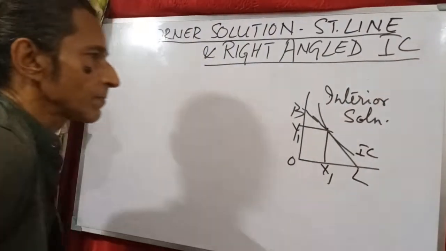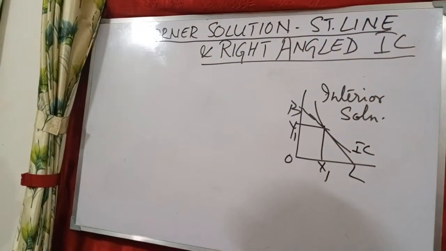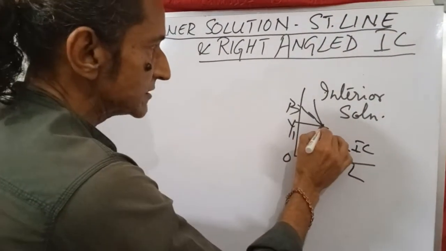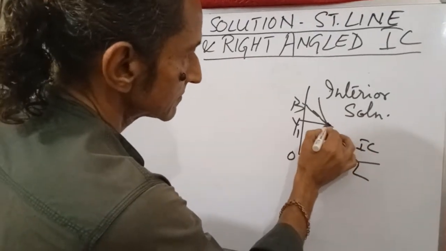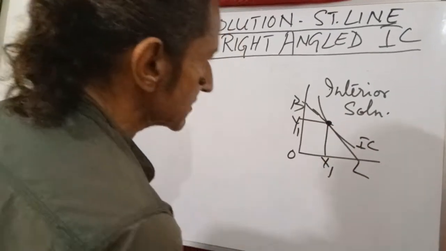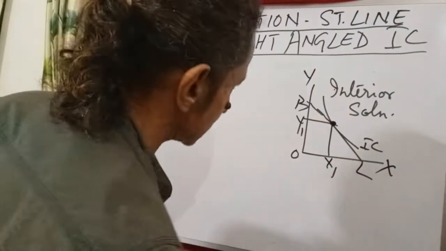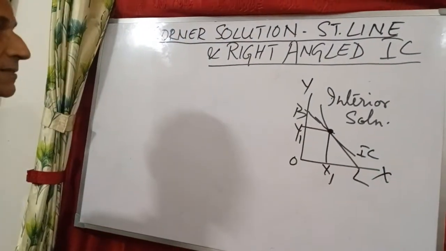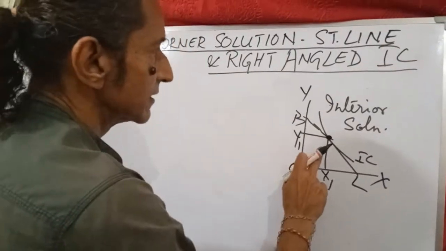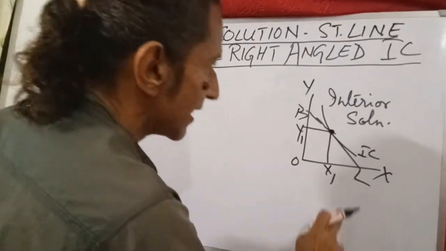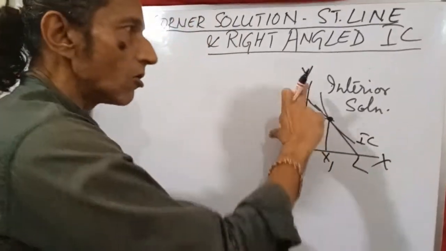Here you see the point of equilibrium, that is this point of tangency, takes place in between the x and y axes. The equilibrium point never takes place either on the x axis or on the y axis.